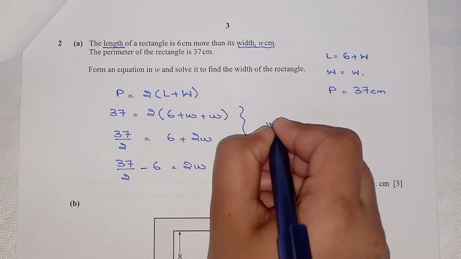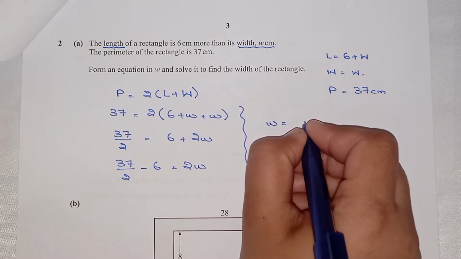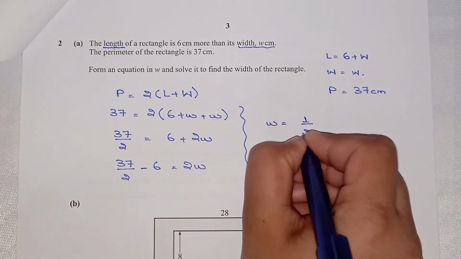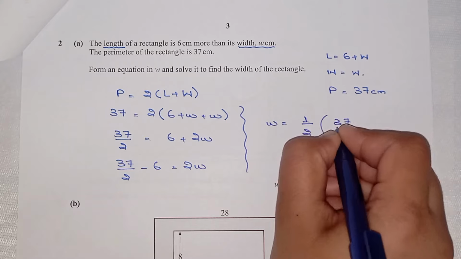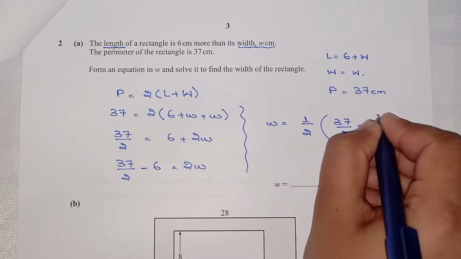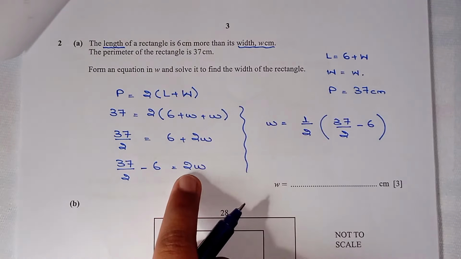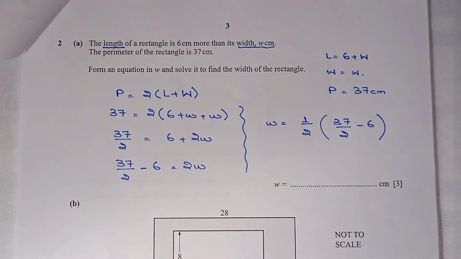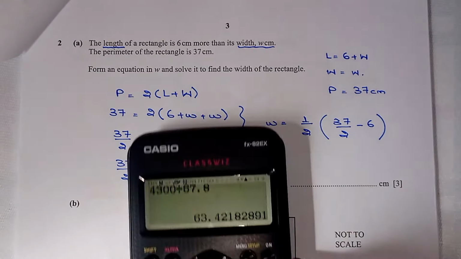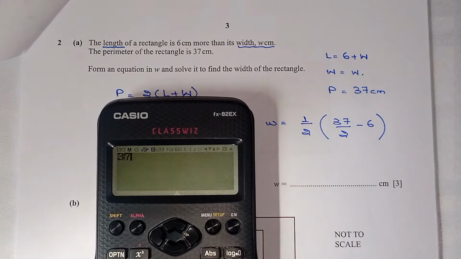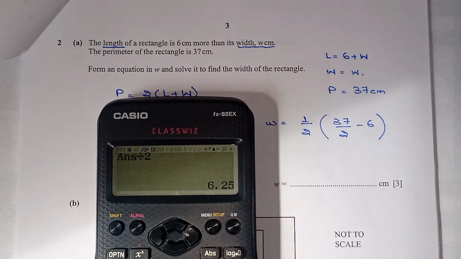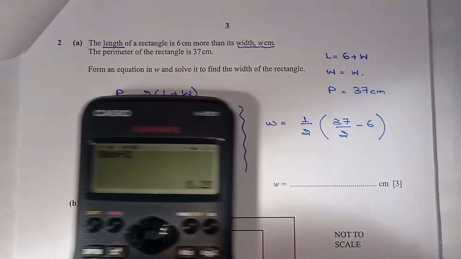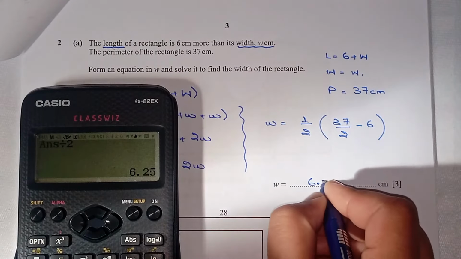From here, W would be 37 divided by 2 minus 6, then dividing by 2, since 2 is multiplying with W, so I divide by 2 on the other side. This would be equal to 6.25 centimeters, the width.